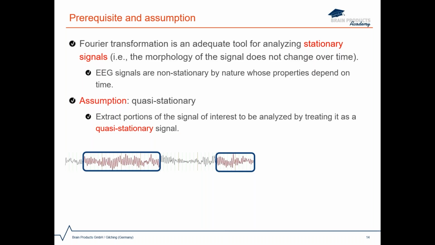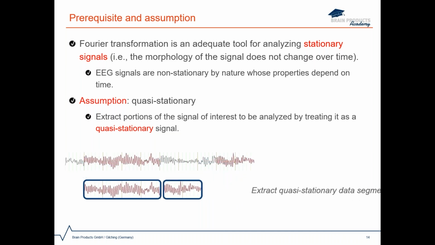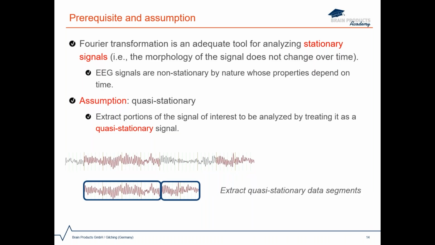Quasi-stationary signals in the sense that the spectral properties vary slowly with respect to the carrier frequency or the main frequency, so that we can still get meaningful result. So, when we apply Fourier transform, we need to first extract portions of data that can be considered as quasi-stationary.